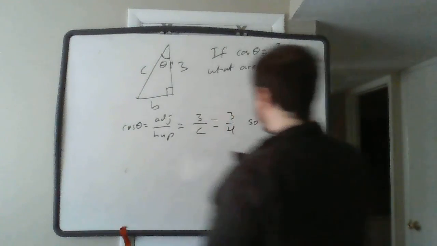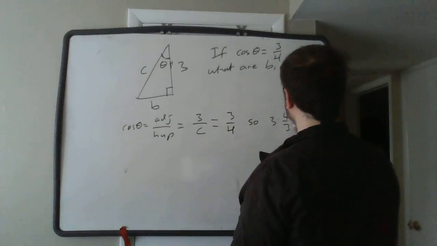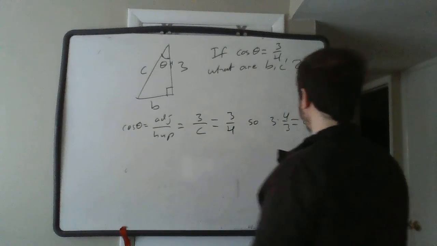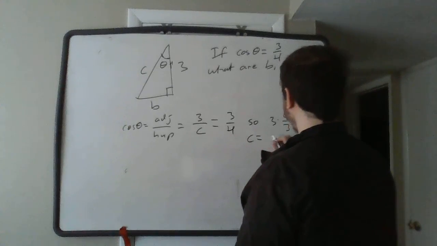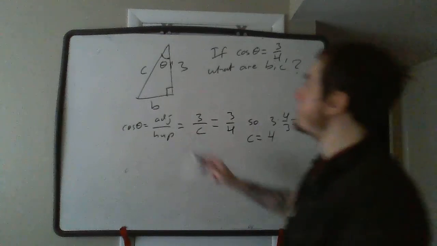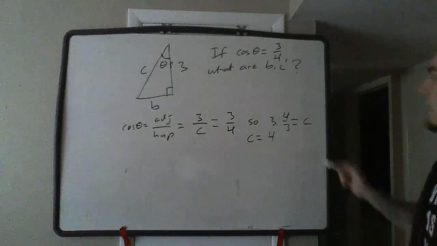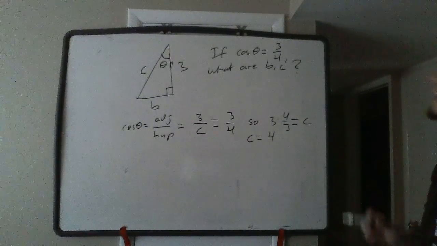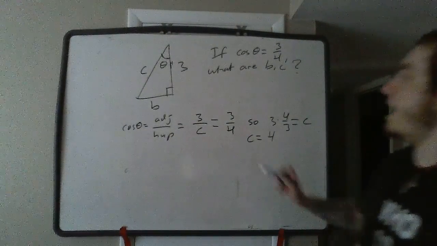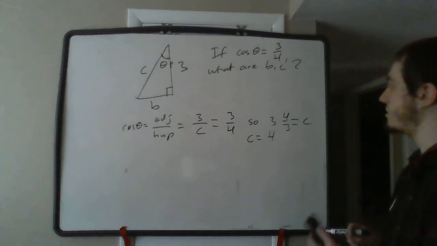So what I get is that 3 times 4/3 is equal to c, or c equals 4. So now I've actually found the hypotenuse of this triangle. And now that I have the hypotenuse, I can find this last side by just using the Pythagorean theorem.